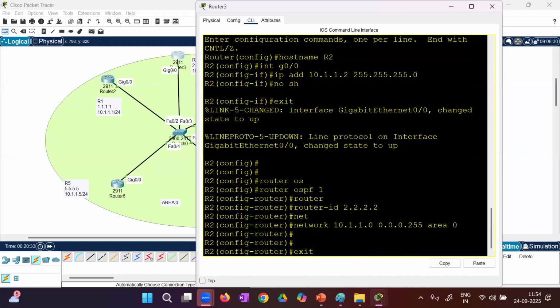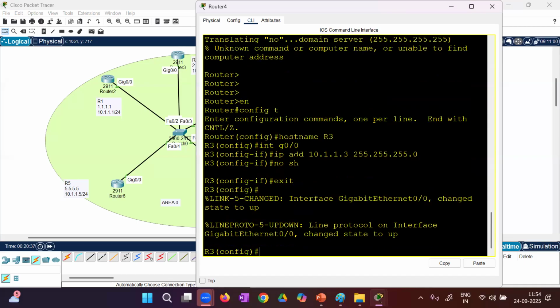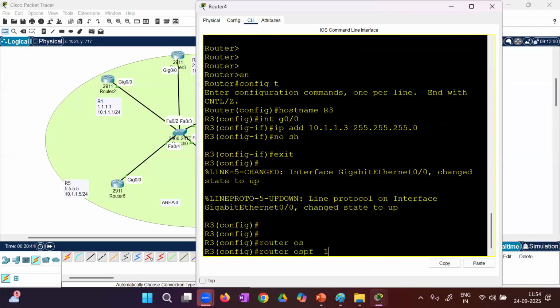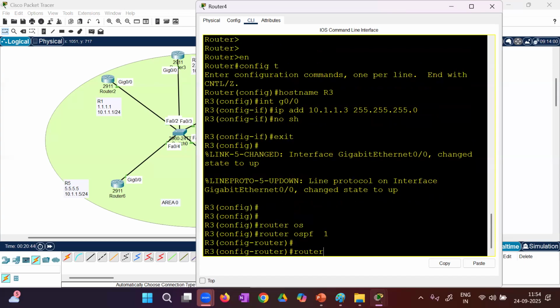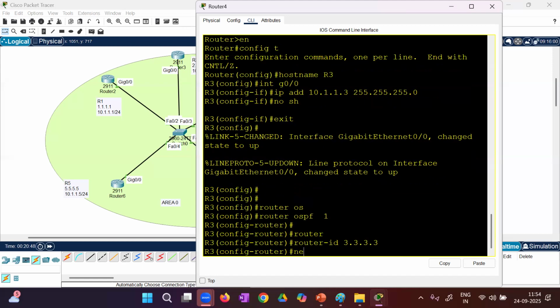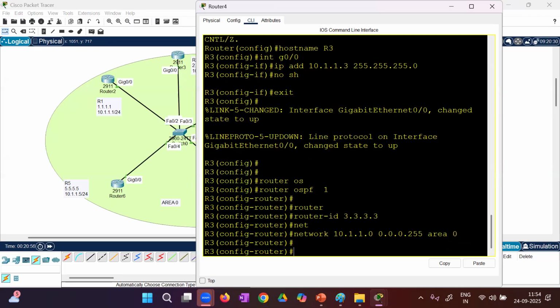Give exit. Come to router third. Router OSPF 1. Router ID is 3.3.3.3. What is the network? 10.1.1.0, 0.0.0.255, and area is 0. Give exit.